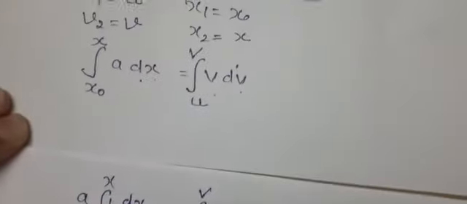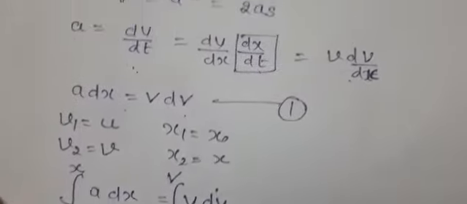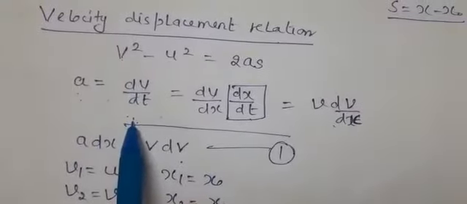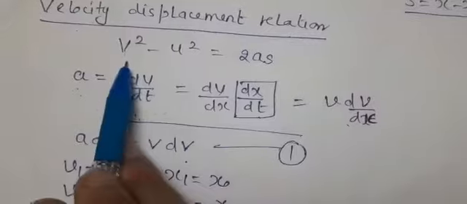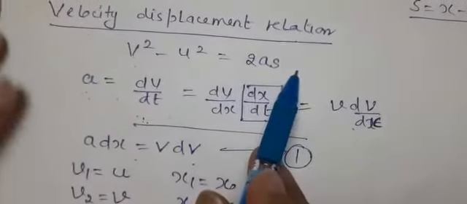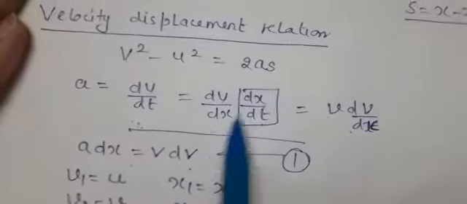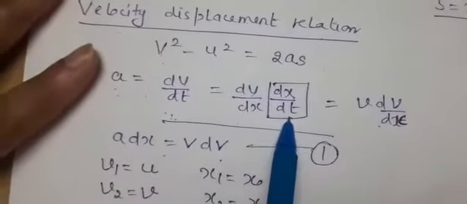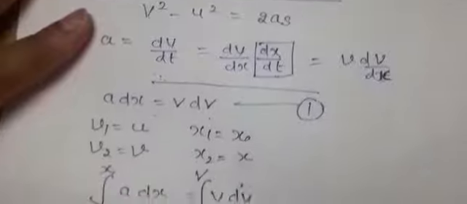So basically when you have derived such results, this point is also important: we know acceleration is dv by dt, but because here the relation is between velocity and position, we multiplied and divided by dx, so as to eliminate time from this equation.